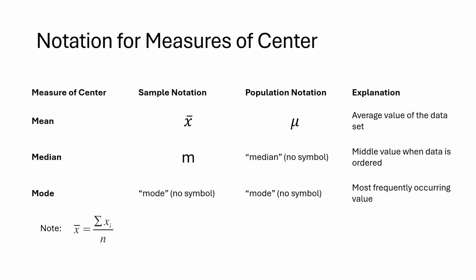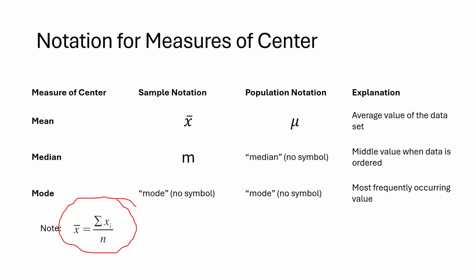Now, let's look at this formula here for the sample mean. That big symbol in the numerator there is the Greek letter sigma. It means sum. It's a shorthand for add everything up. The little x with a subscript of i, which we would read as x sub i, means the ith value in the data set.